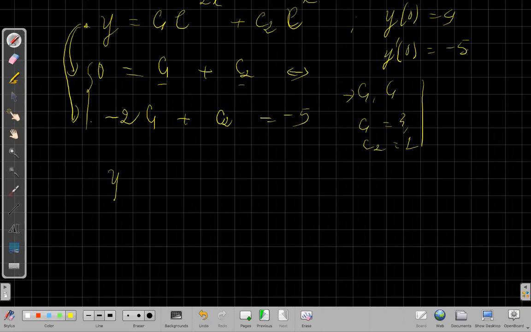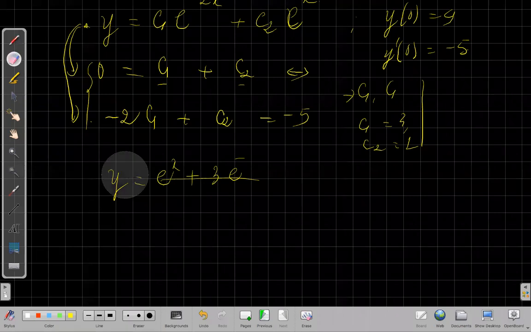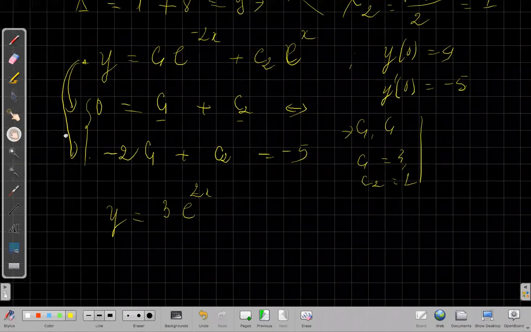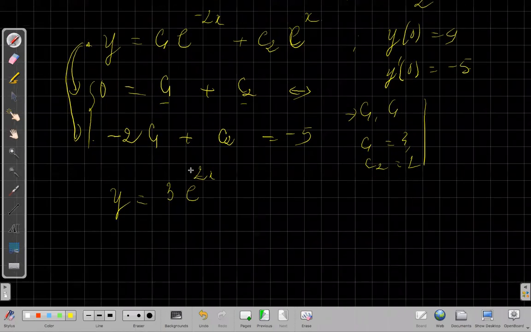So y equal to 3 e to the minus 2x plus e to the x.